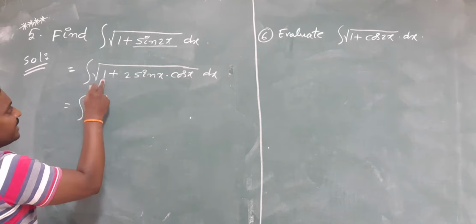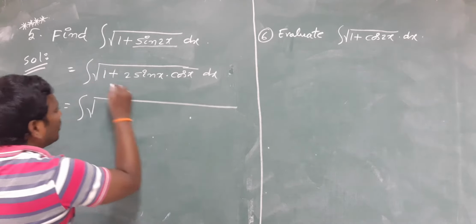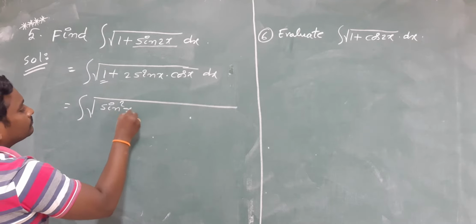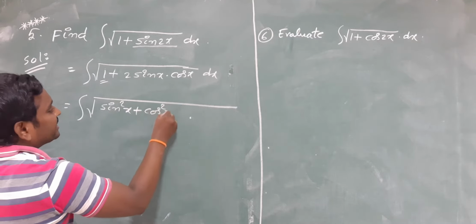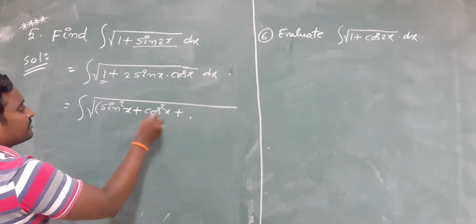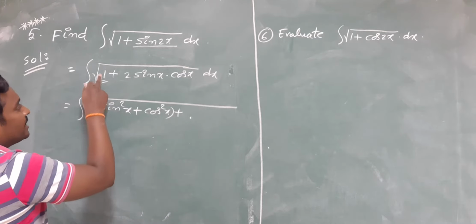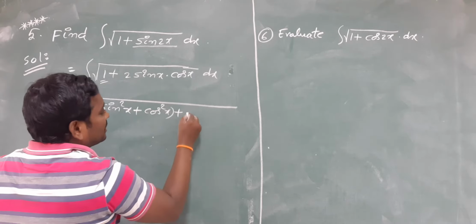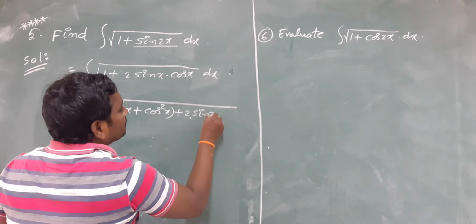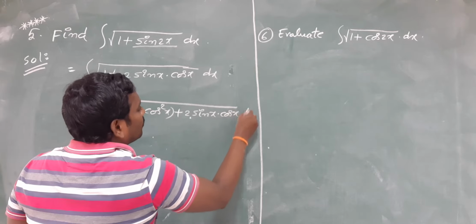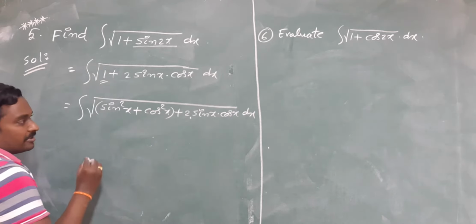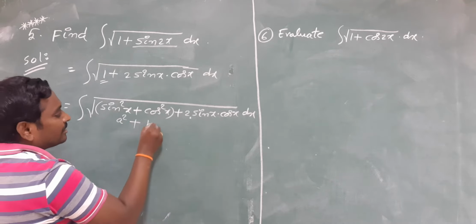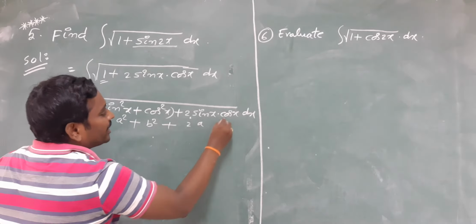Now I will write 1 as sin square x plus cos square x, since sin square x plus cos square x is 1. The remaining term is 2 sin x into cos x whole dx. We observe that inside the root we have the structure a square plus b square plus 2ab.